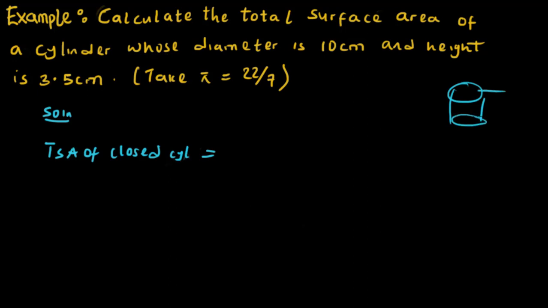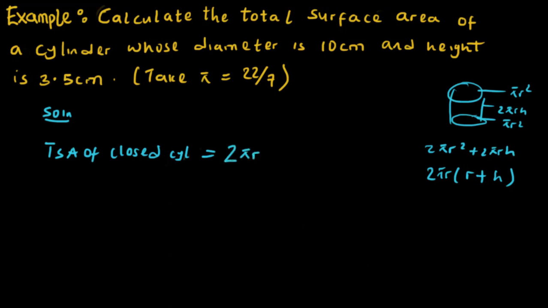For closed cylinder, we have two circles, so pi r square, 2 pi r h for the curved surface area, and then we have pi r square. So if you add everything together, you should be having 2 pi r square plus 2 pi r h, and if you factorize, 2 pi r comes out, and we are left with r plus h. Does that make sense? So we've got 2 pi r into brackets r plus h.